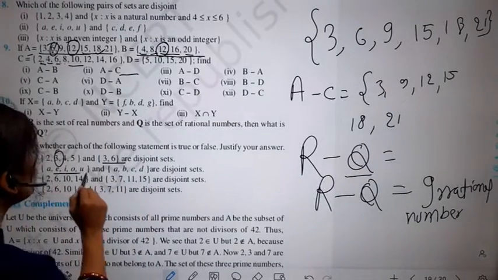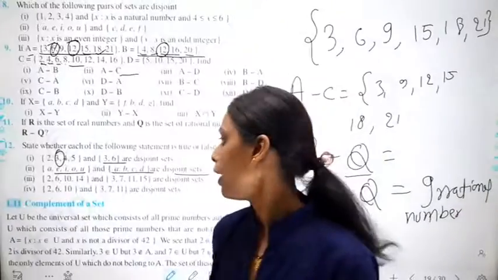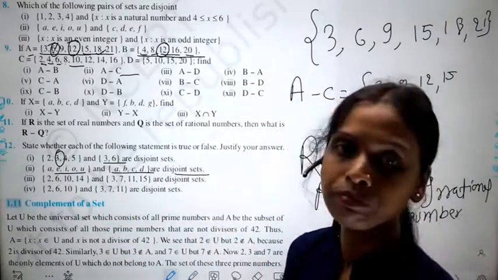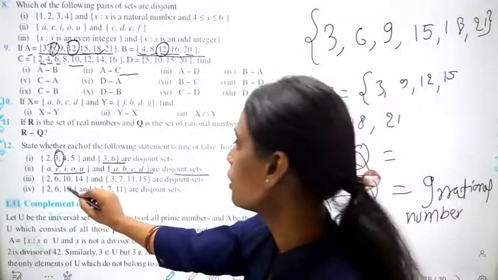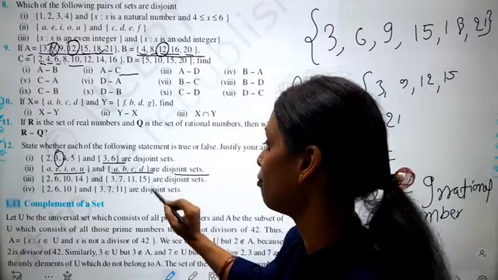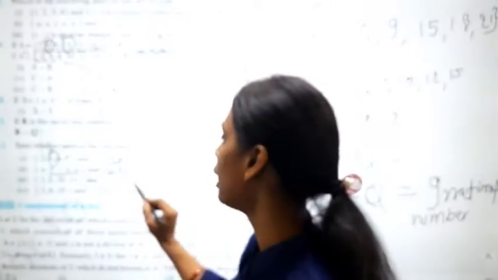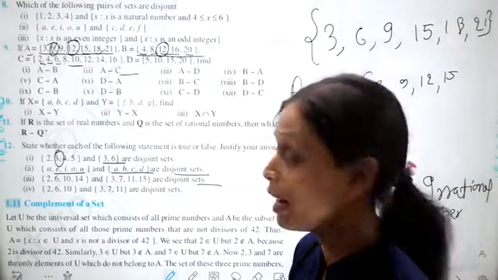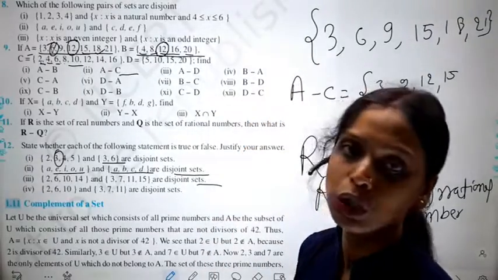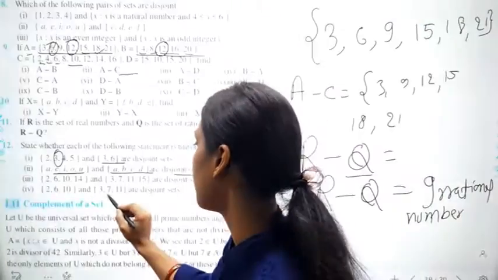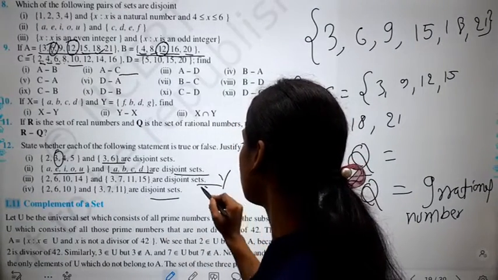Whereas {A, E, I, O, U} and {A, B, C, D} are disjoint sets? No, because here A is an element that is common in both sets. {2, 6, 10, 14} and {3, 7, 11, 15} are disjoint sets? Yes, because there is no common element in both sets. That's why these are disjoint sets. Whereas {2, 6, 10} and {3, 7, 11} are disjoint sets. Yes, this is true.